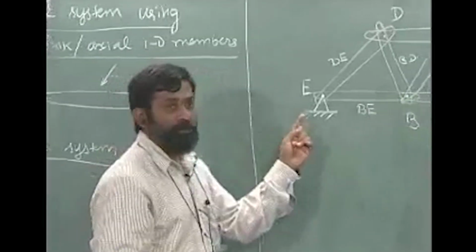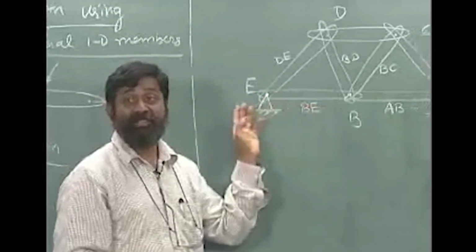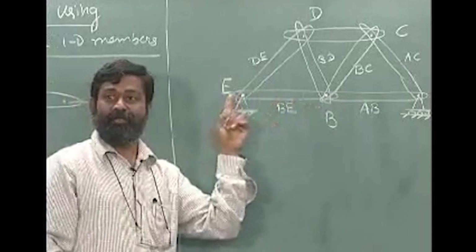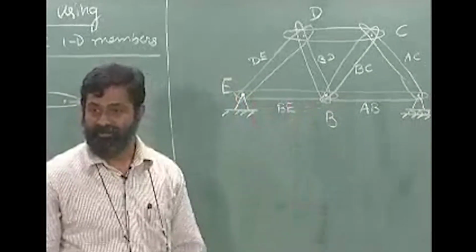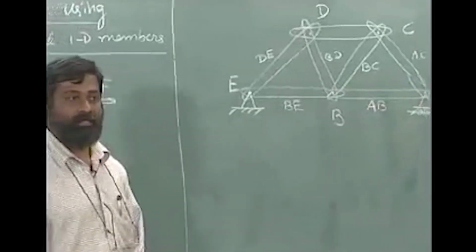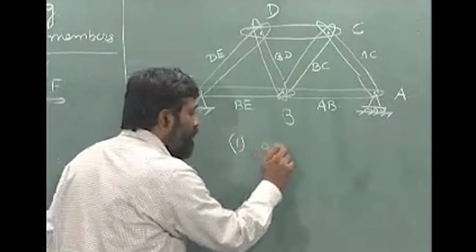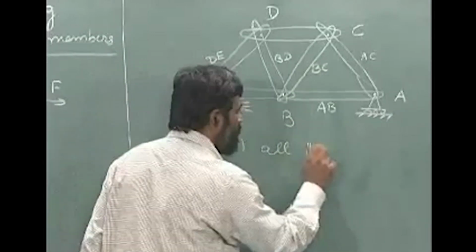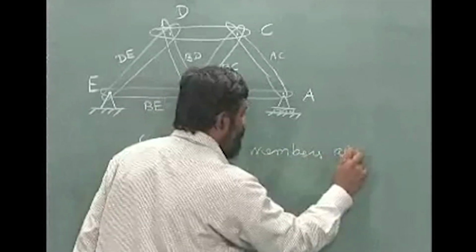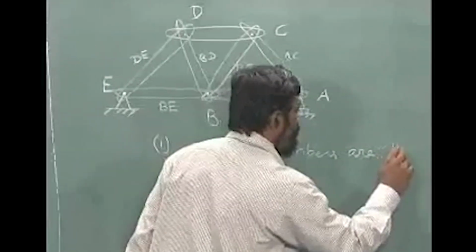So, if you notice carefully, it is possible to name every one of these members depending on where each of the ends of the members are joined. So, in all, if you look at this particular truss structure, all the members are joined by pins, so are pinned together.